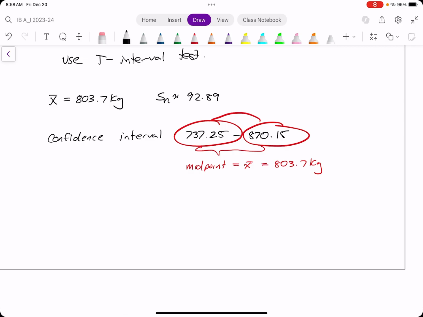So I can express the average weight of the cattle as being from the mean, 803.7, minus half the length of the interval, 66.45, to the other extreme, the mean 803.7 plus 66.45.